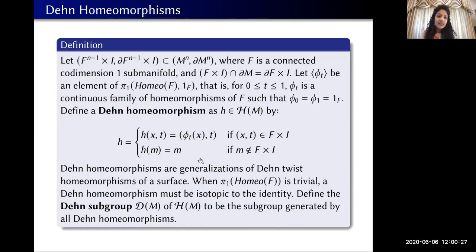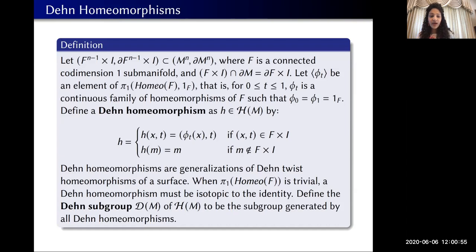Okay, so we see that Dehn homeomorphisms are generalizations of Dehn twist homeomorphisms of a surface. And one thing to note is that if the fundamental group of the space of PL orientation preserving homeomorphisms of F is trivial, then the Dehn homeomorphisms must be isotopic to the identity.